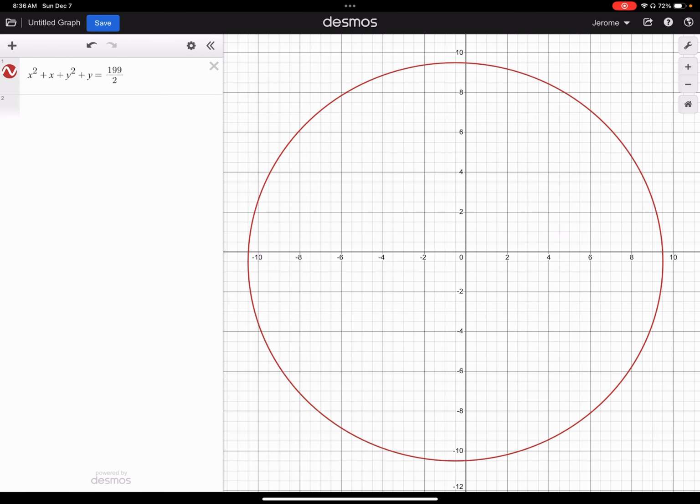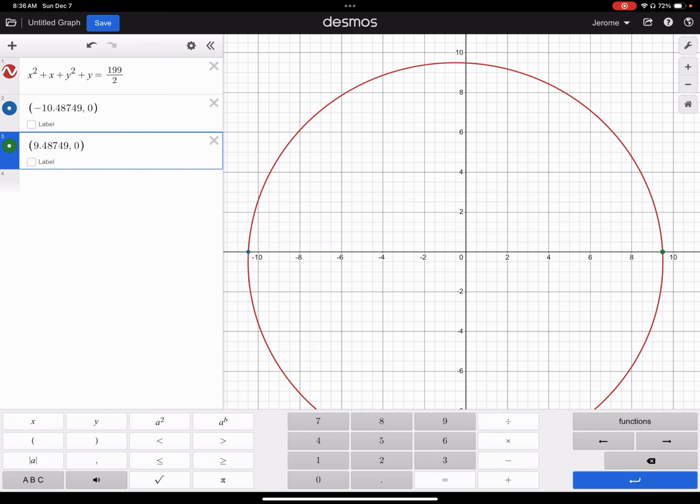Okay, now I think all of you that got 9 point whatever for your answer, chances are what you did is you found these two x-intercepts here, put them into the expression list, and maybe just subtracted those two numbers and then divided by 2, thinking that those two numbers represent the endpoints of the diameter.